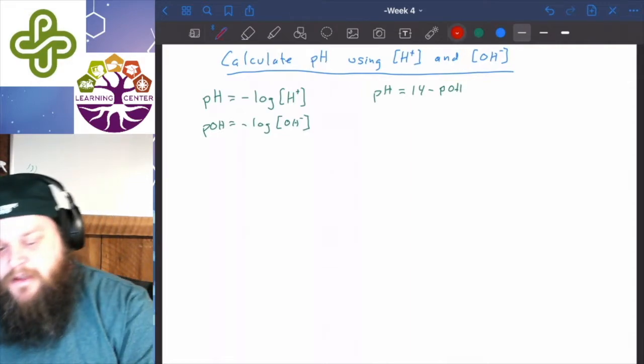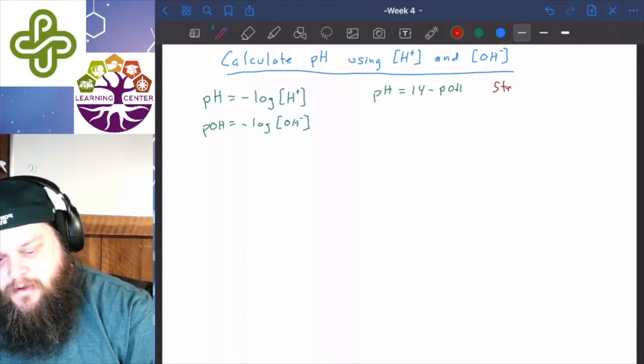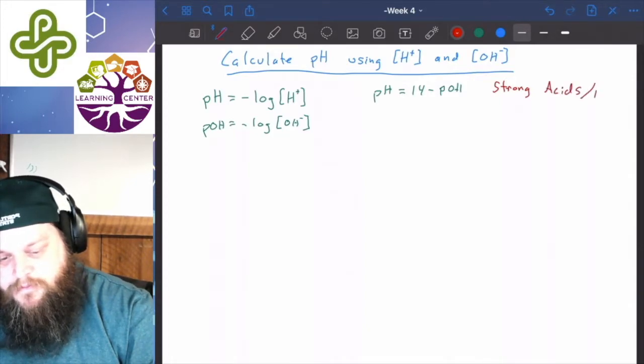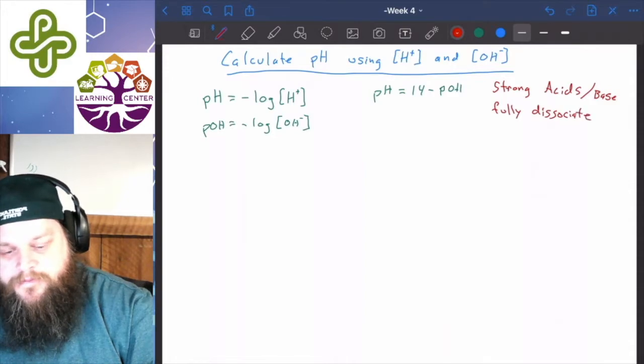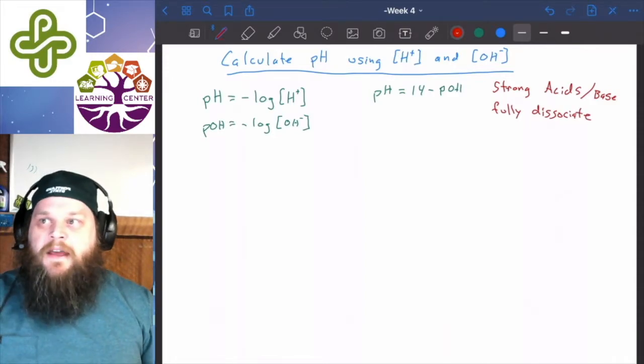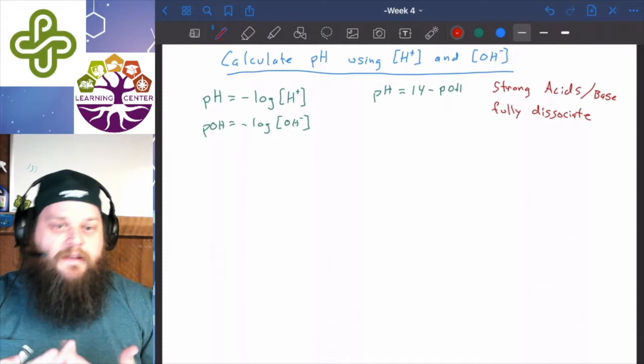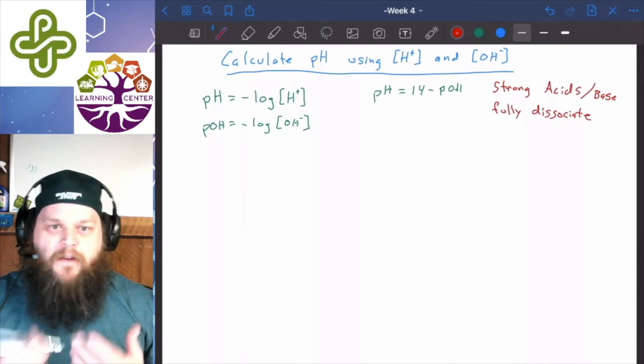But that's because strong acids and strong bases fully dissociate. Which means that for a strong acid, the conjugate base is very stable as a base.